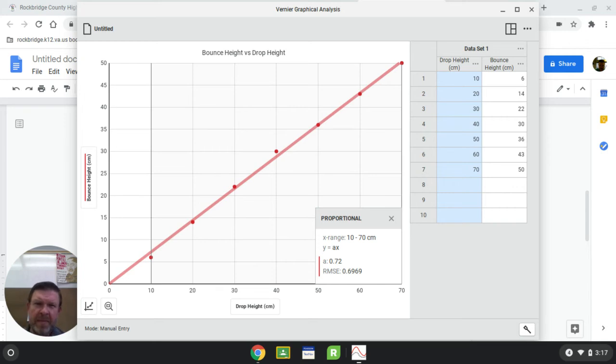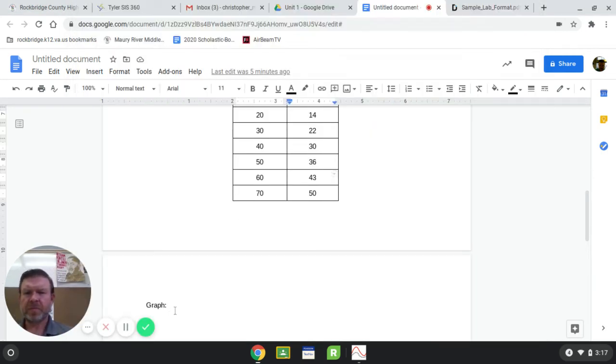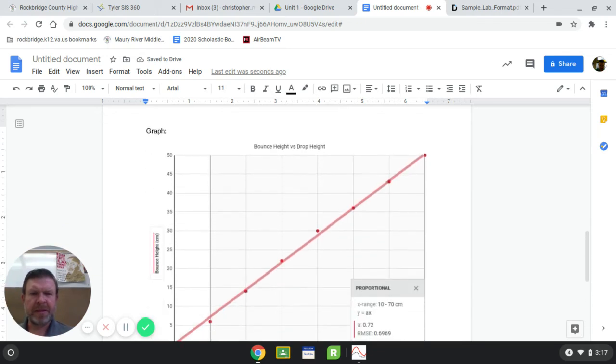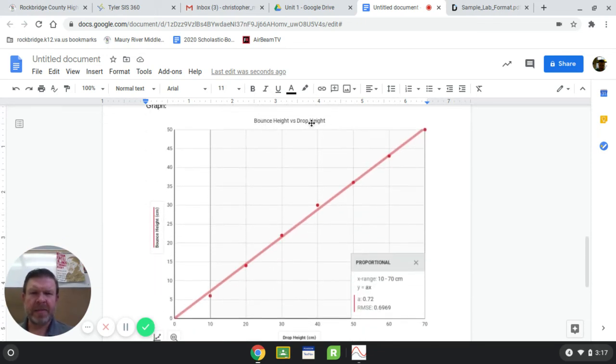And then at the bottom it now says copy to clipboard. I'm going to click that. What that means is now if I go back to my Google Doc and I hit paste or Control V, boom, there's my graph in my document.